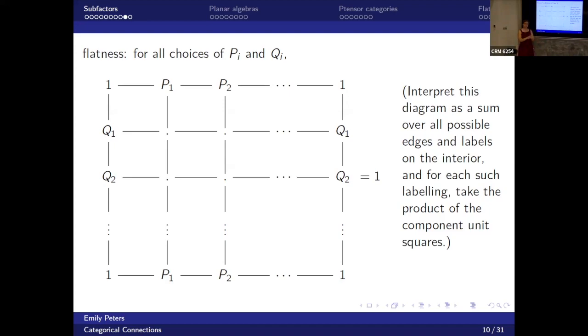If you're dealing with finite depth subfactors, so your principal graph is finite, then you have to check this for lengths up to twice the length of your graph. You have to be able to check this for vertices all the way out to the end. This is what I was telling you about at the beginning, this combinatorial condition that we'd really like to make more sense of and have a more systematic way to think about.